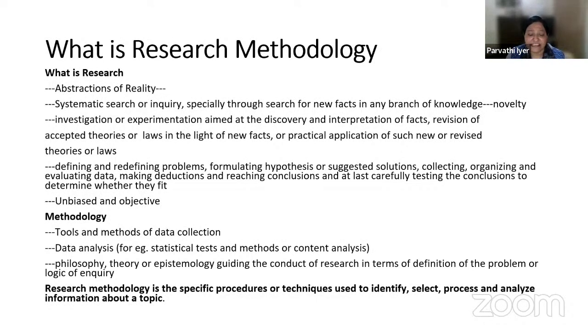So research methodology is a collation of all these processes and procedures, wherein you identify a research problem, then on the basis of that, you formulate a research design where you choose certain methods whereby you collect your data, and then once you collect your data, you process it, you analyze it, and then you come up with certain findings.